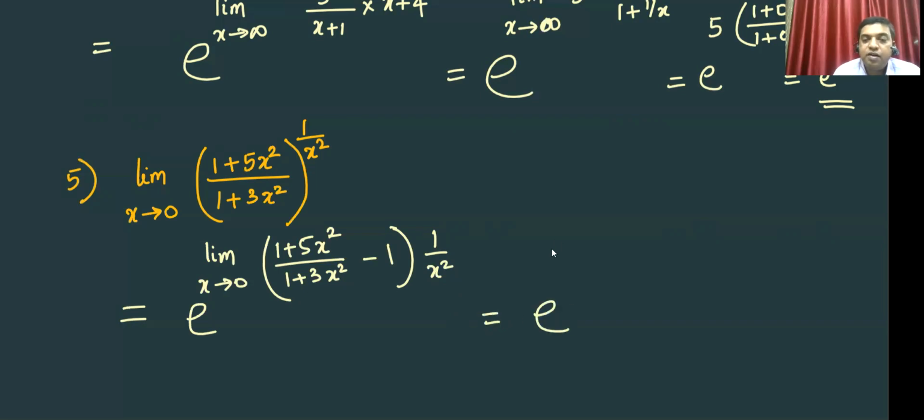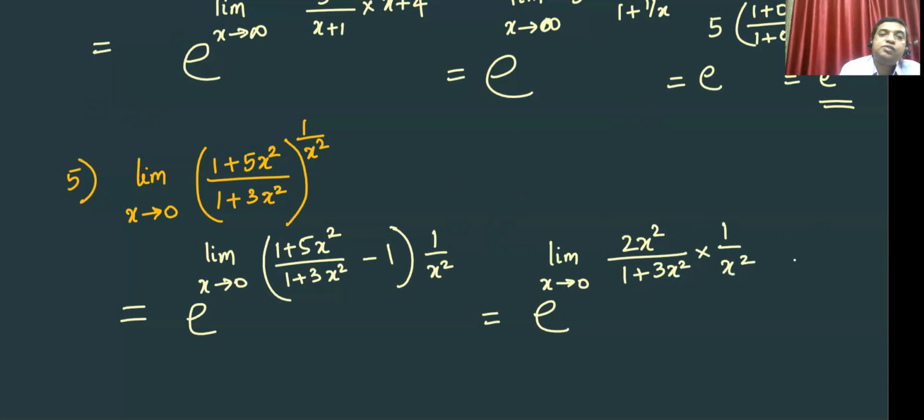This will be e power limit x tends to 0, 1 plus 5x square minus 1 minus 3x square. That will be 2x square in the numerator, by 1 plus 3x square in the denominator, times 1 by x square.